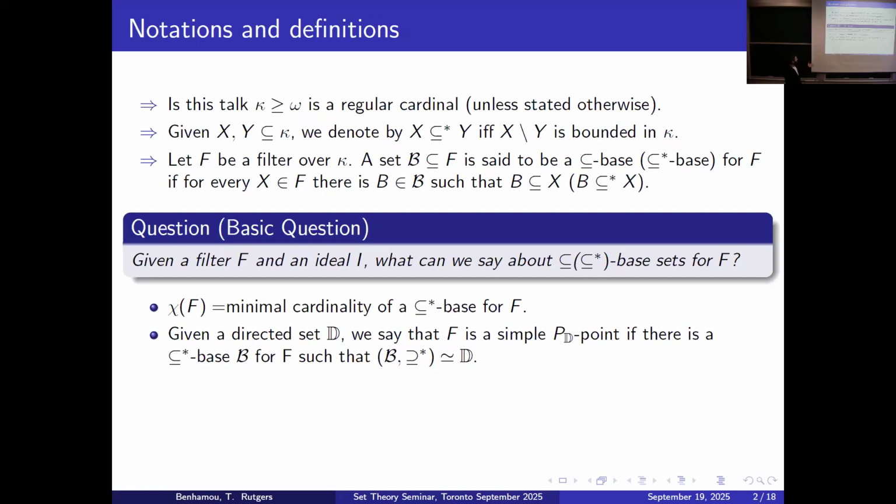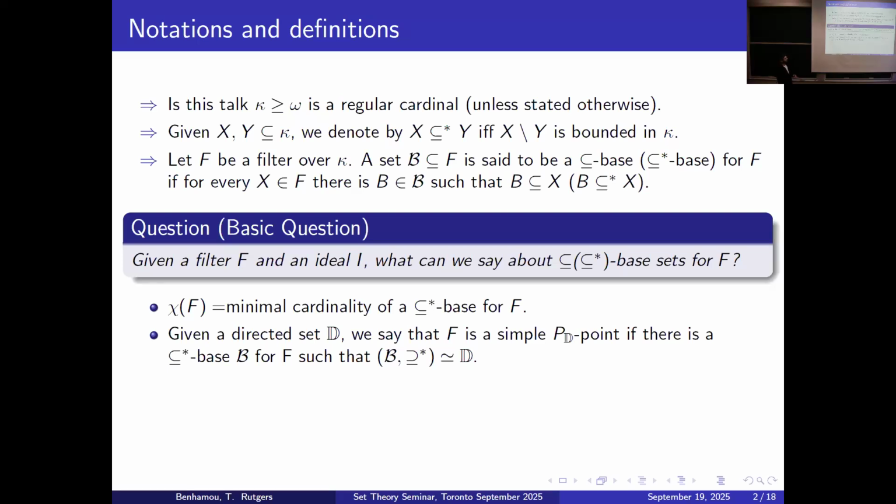So given a directed set D, we say that F is a simple P_D point if it has a subset star base B such that B, ordered by reverse inclusion, is isomorphic to D. Okay, that's a simple P_D point. One particularly interesting case is when D is just a regular cardinal lambda.